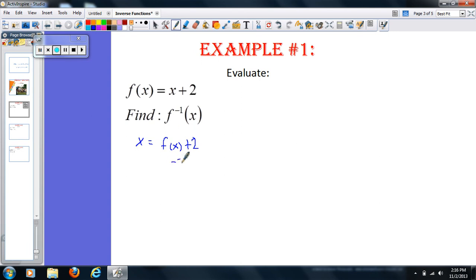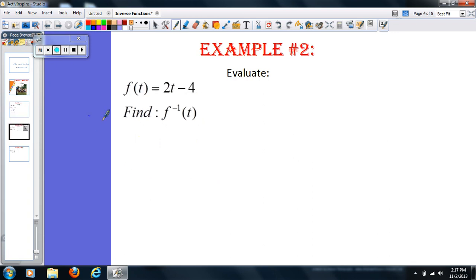So I would start by subtracting 2 from both sides, and I would get f of x equals x minus 2. And that's really all there is to doing an inverse function. Okay, the x and the f of x switch spots, and then you solve for f of x again.